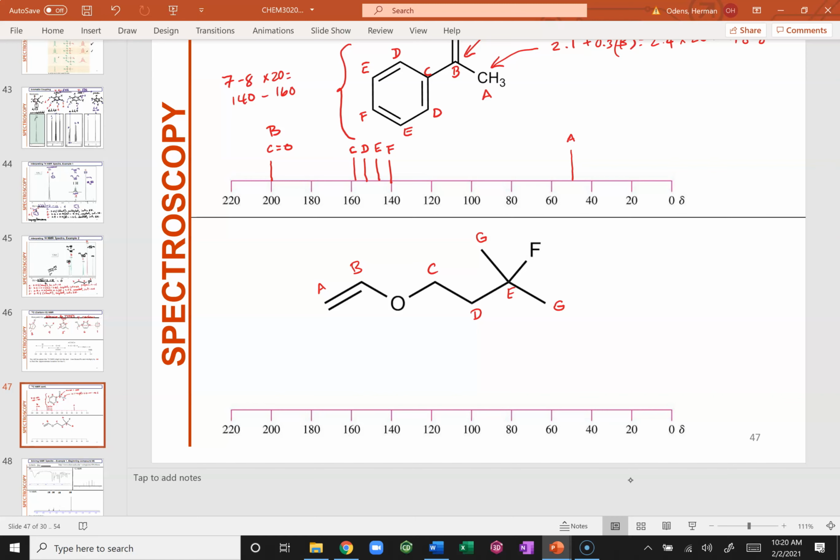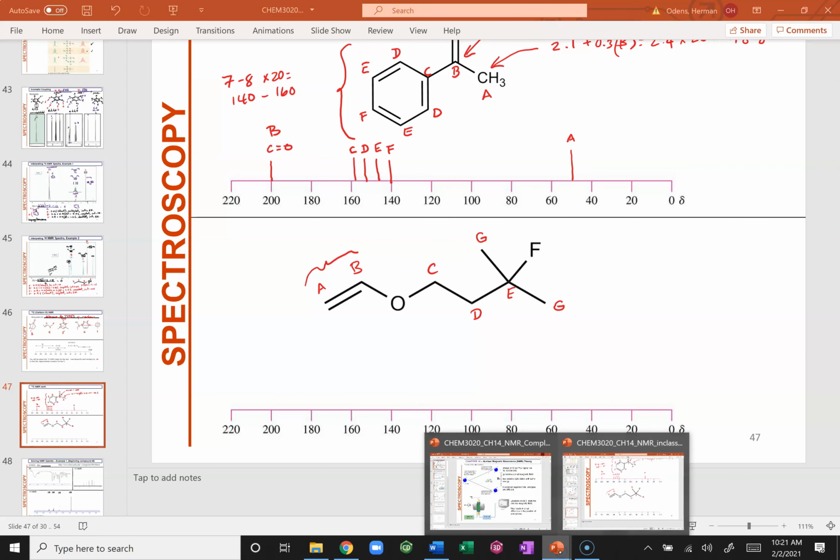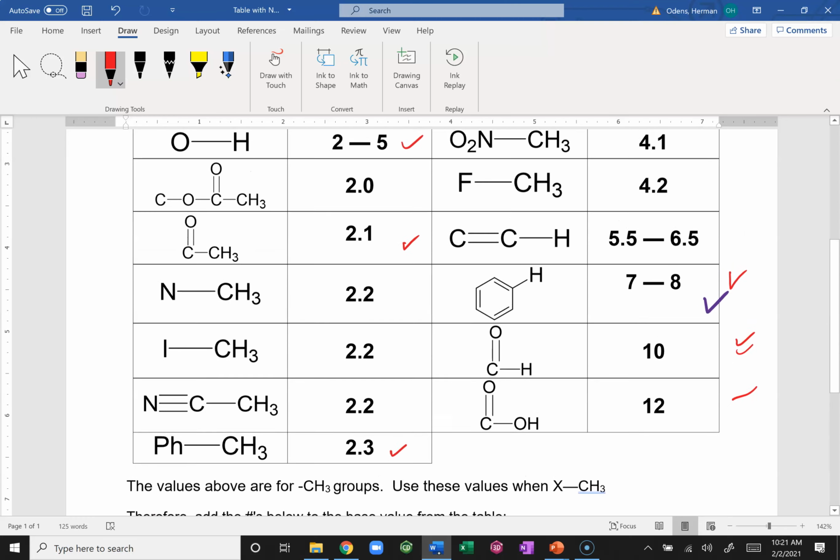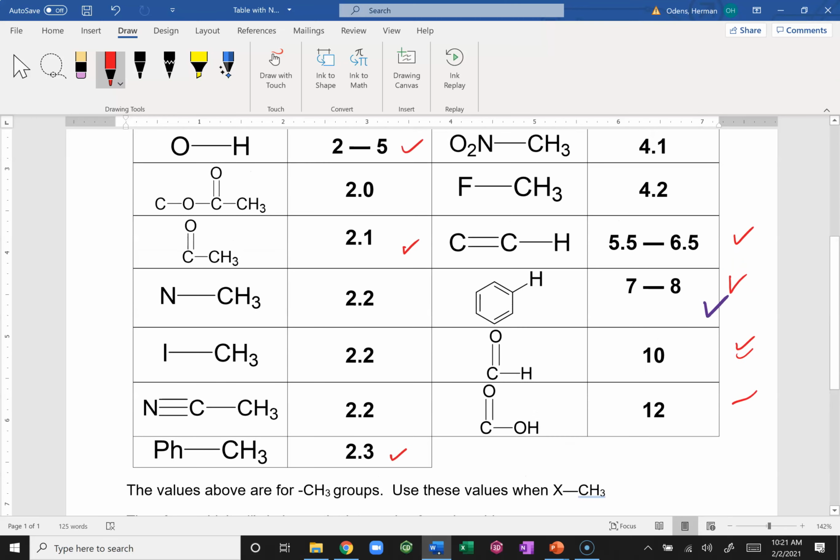All right. Okay, so A and B, Antonio Brown, right? So the signals for alkenes, it's between 5.5 and 6.5, all right?